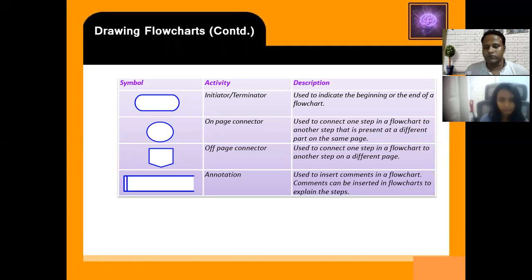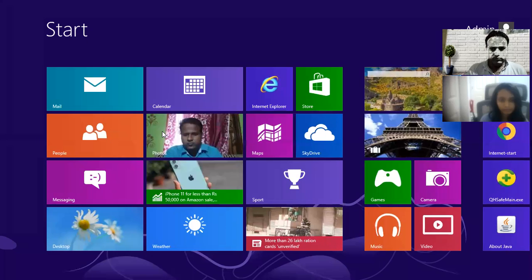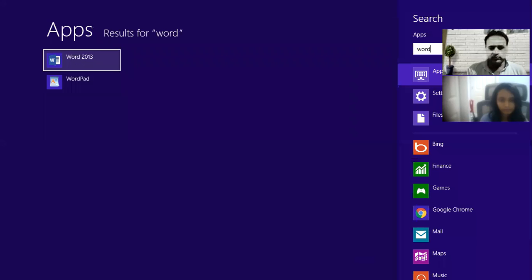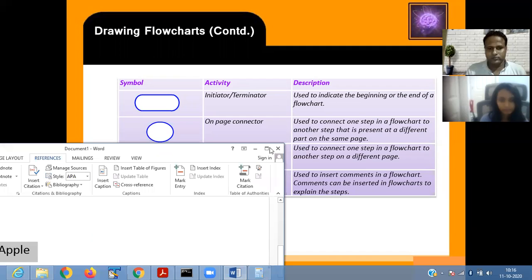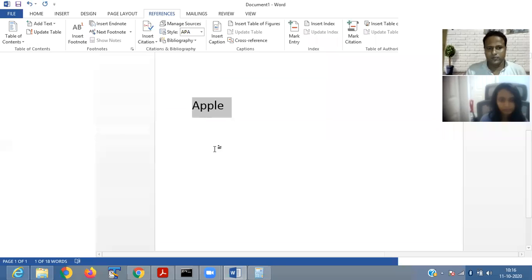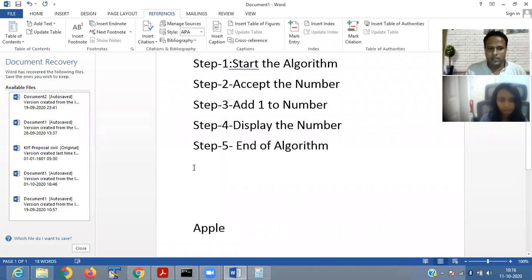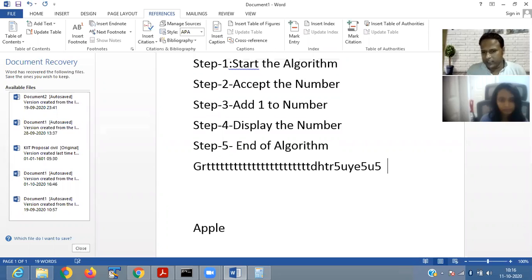What is an on-page connector? Suppose I write a statement here, and at the end of the line I want to write student.